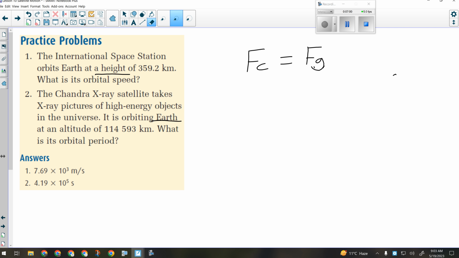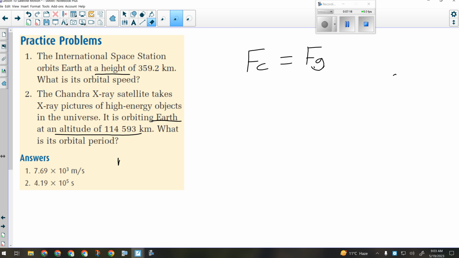First off, we know it's orbiting Earth, so mass of the Earth is going to be one of our givens, and then it gives us an altitude of 114,593 kilometers, which still needs to get converted to meters and then added to the Earth's radius.